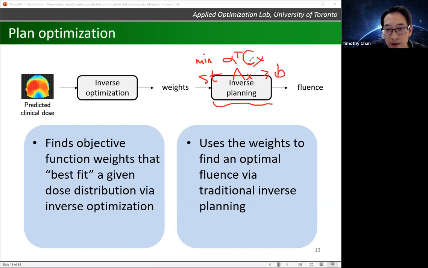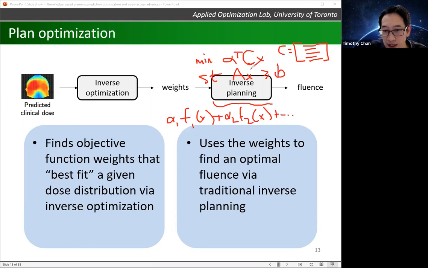We would have a matrix C where the rows of C correspond to different objective functions, so different cost vectors. So C transpose X gives you a vector, and then you would take alpha transpose of that vector. You would think of this as weights, like alpha 1 F1 of X plus alpha 2 F2 of X, where these F's are essentially linear functions. And this is what we're minimizing, subject to a bunch of constraints around dose, around the deliverability of the fluence, that is, basically the intensity of the radiation beam, and so on.